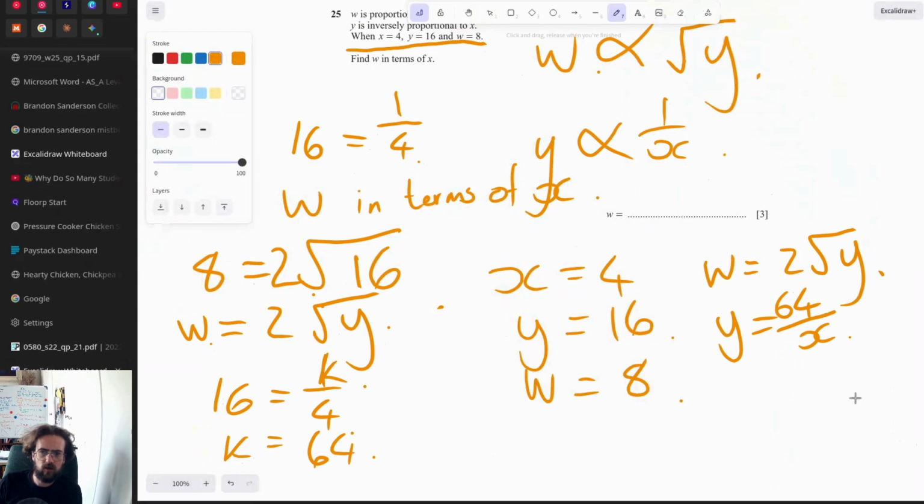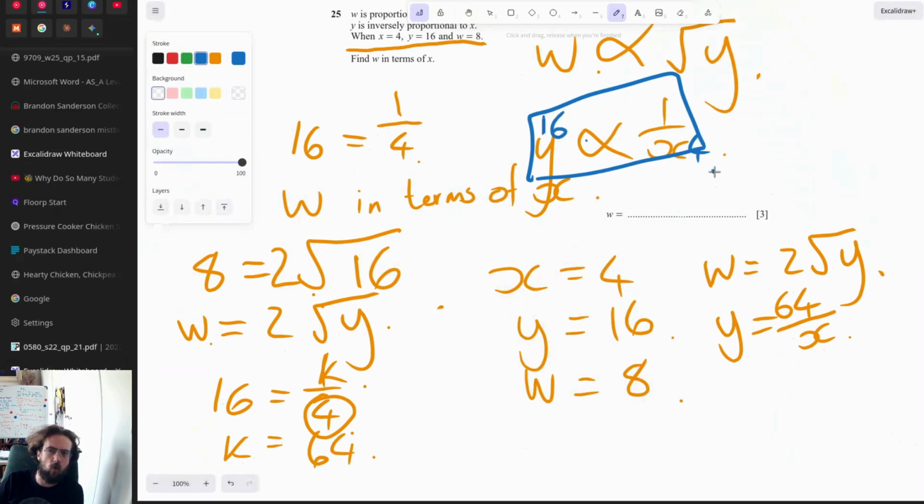Do you agree? How did you do that? I'm trying to understand the principle of how you got there. So what I said was, okay, I know that this is in general true. So now I have some numbers. They've given me actual numbers. So that's a 16 and this is a 4.